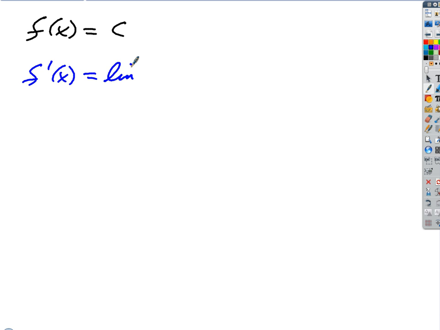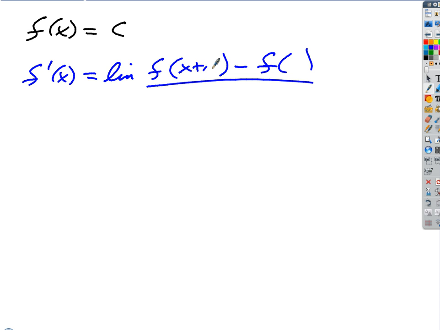Remember that one? It's the delta. There we go. As delta x approaches 0. Okay, we got it. Good.